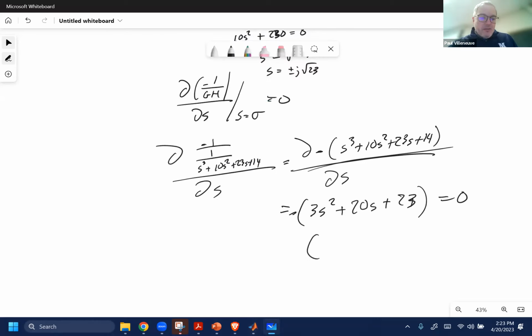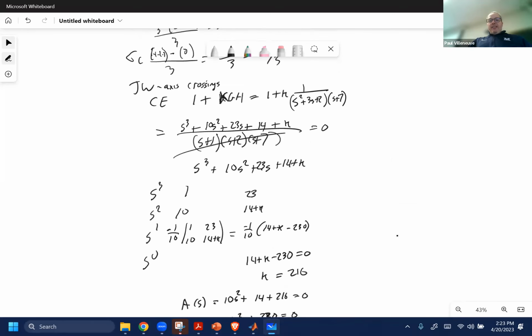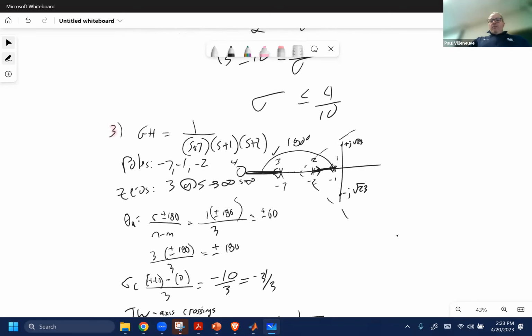So this is going to be equal to s plus 5.19 and s plus 1.48 equals 0. Out of the two roots, minus 5.19 and minus 1.48, what lives on the root locus?